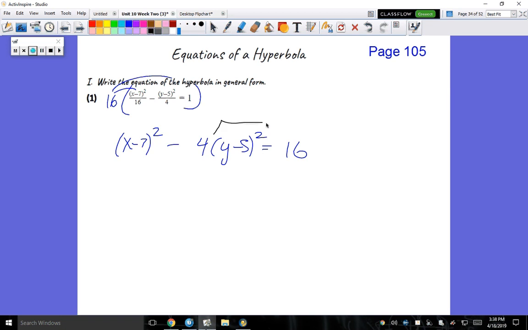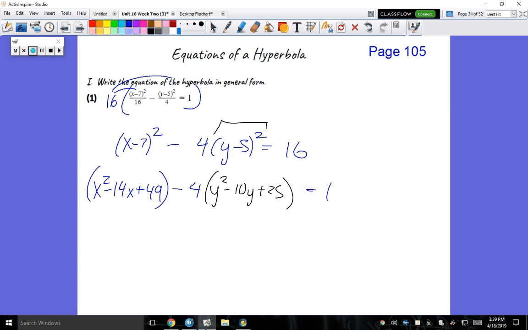Then I would concentrate on distributing this to minus 10 plus 25, which you're still going to have to take this 4. This is x squared minus 14x plus 49, and then equals 16. The biggest mistake people will make right here compared to when they were doing ellipses is this right here.